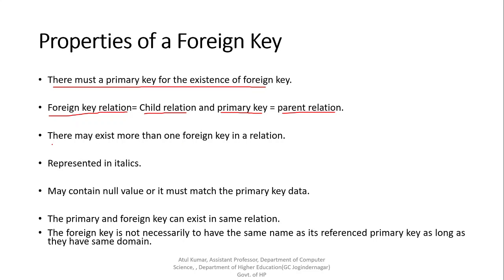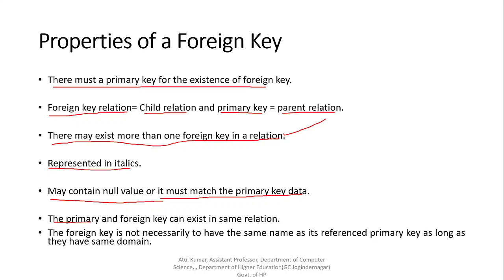There may exist more than one foreign key in the relation. They are represented in the notations in italics. They may contain null values, but if the values are not null, then the values must match with the primary key data.